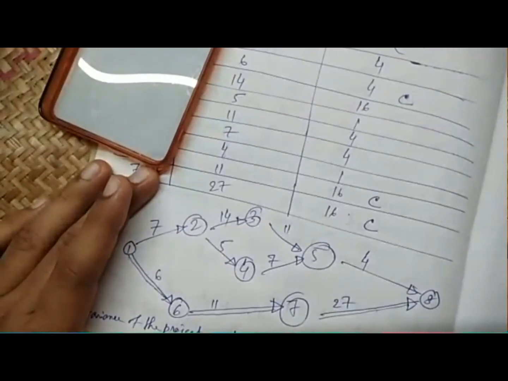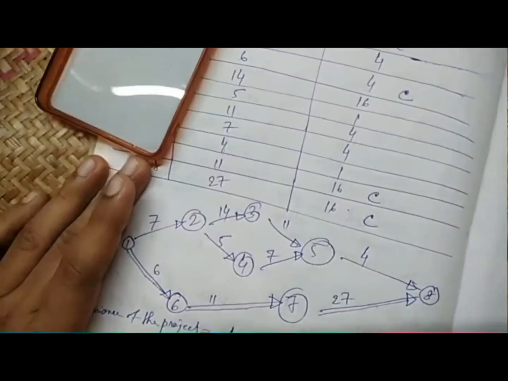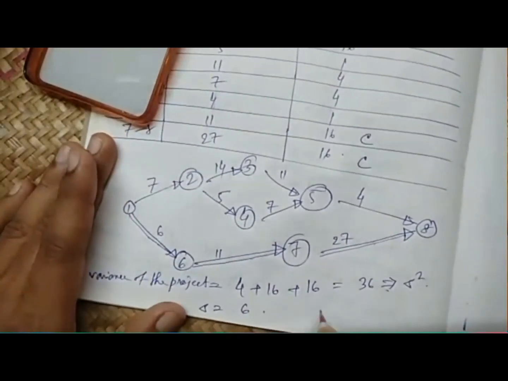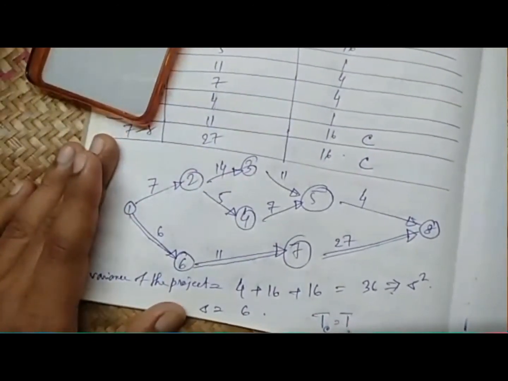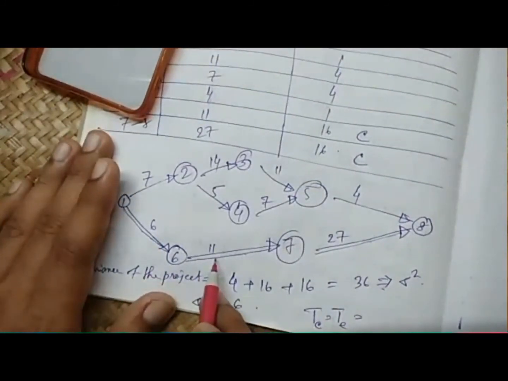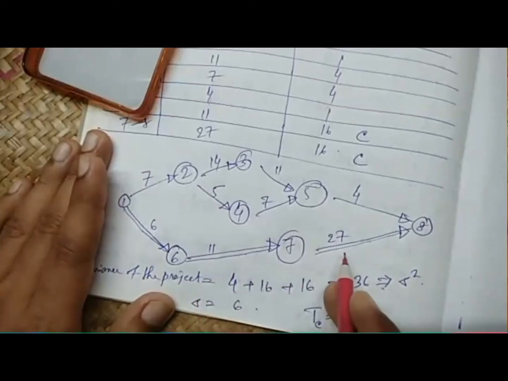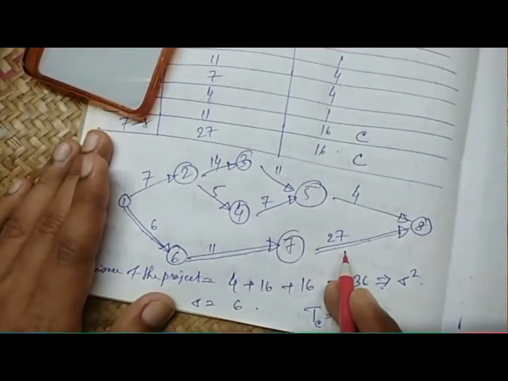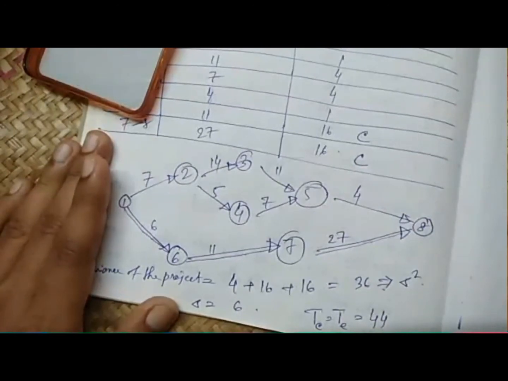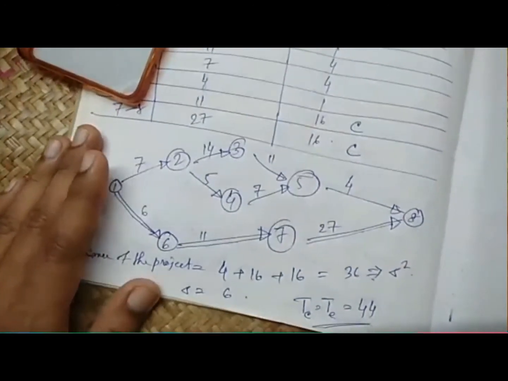So the estimated time of completion of the project, or the length of the critical path, that is 6 plus 11, 17, 17 plus 27. 17 plus 27 is 44. So this is 44 days. Okay. Now you have to put the value in the equation to find out Z.